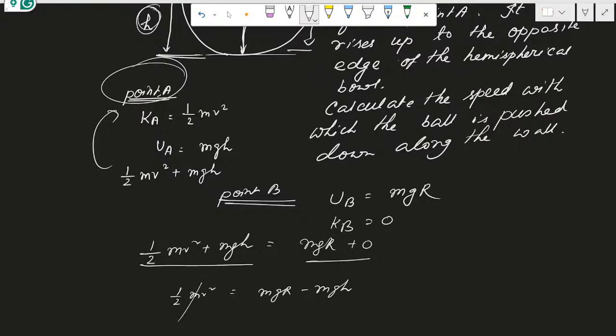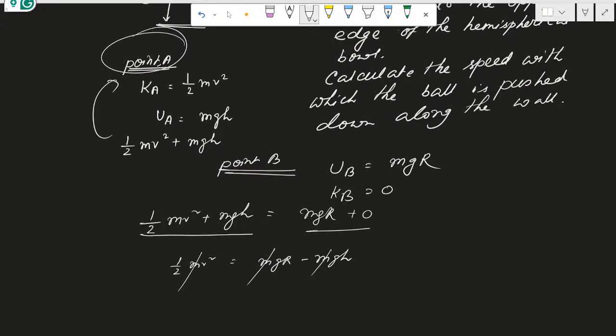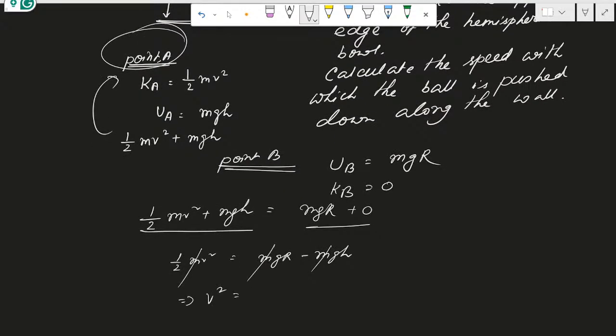The m cancels, so v square is equal to 2g times (R minus h). Therefore v is equal to the square root of 2g(R minus h). No Rupam, v is not 0. That is the answer in this case.